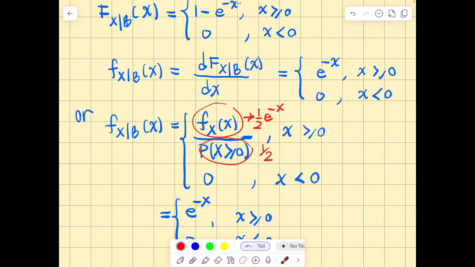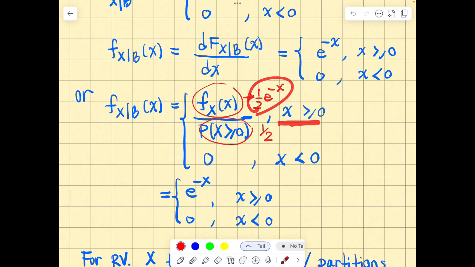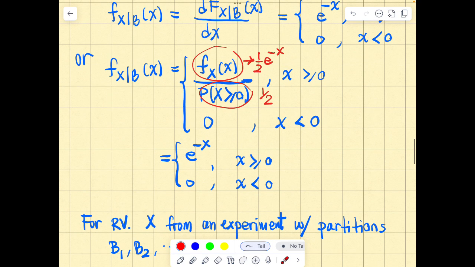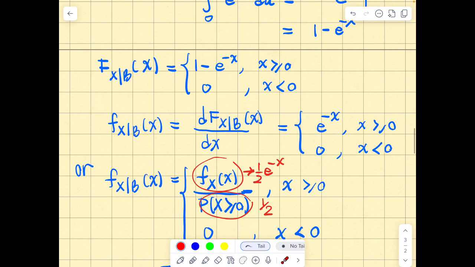This is when X has to be in event B, so X has to be bigger or equal to 0. So you see this divided by 1/2, they cancel with one another, and you end up with the same expression for the conditional PDF. So you can find the conditional CDF first, and then differentiate that to obtain the PDF.